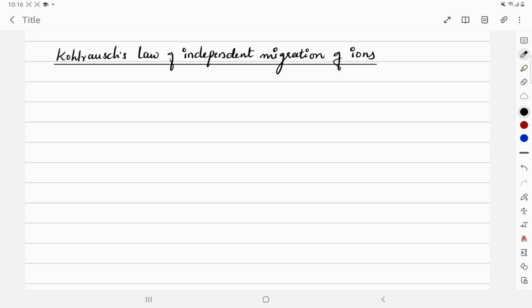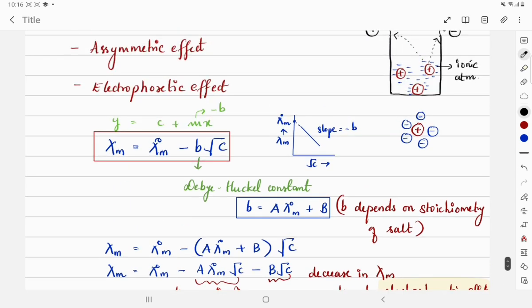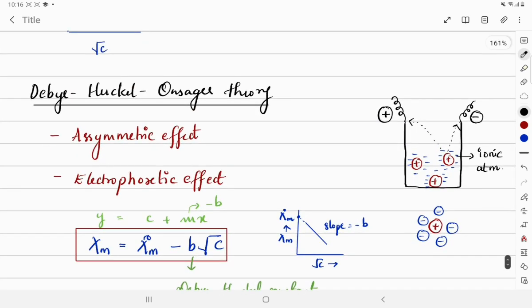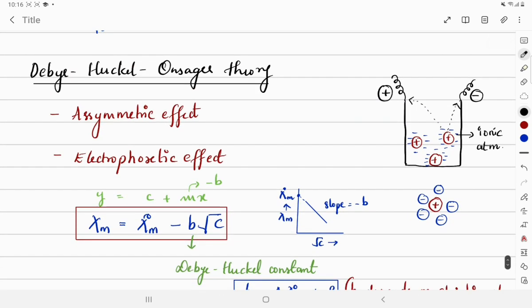Now to explain this, we have to go back to our asymmetric effect. Here we have already discussed the ionic atmosphere present, and because of the strong attraction already present inside the solution, it is a bit difficult for them to move towards their electrodes, whether positive or negative.